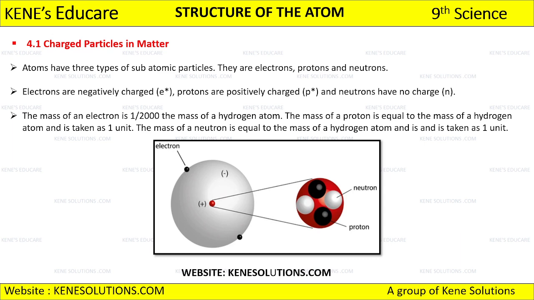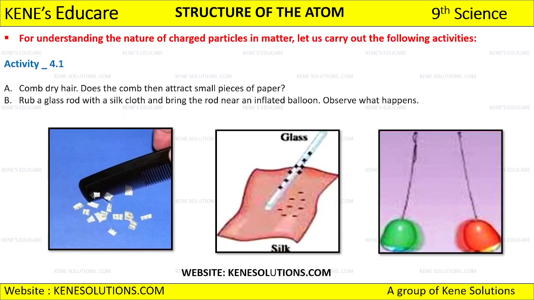After this, under charged particles in matter, we discussed this activity, right? When you rub a comb on your dry hair and then bring it close to pieces of paper, it will attract them. And if we rub a glass rod with a silk cloth and bring the rod near a balloon, that will also show a kind of attraction, right?